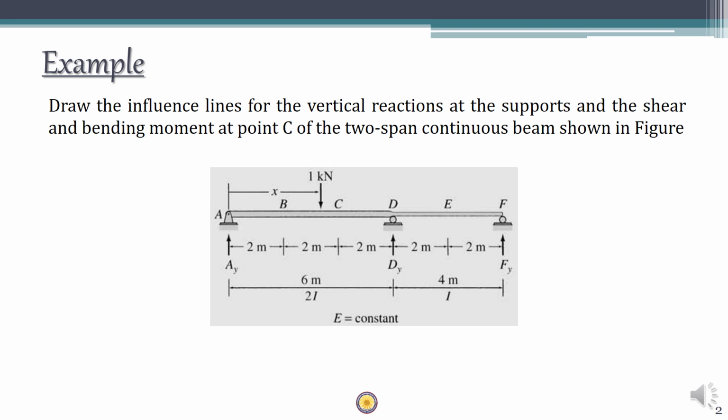The approach we will use is, first of all we'll find the ILD for the reaction at D, and once we have that, we'll try to relate the other support reactions with the ILD for reaction at D, and also relate the bending moment at location C with the support reactions, right?